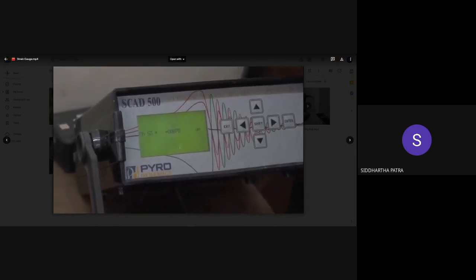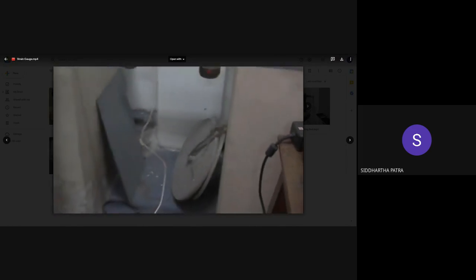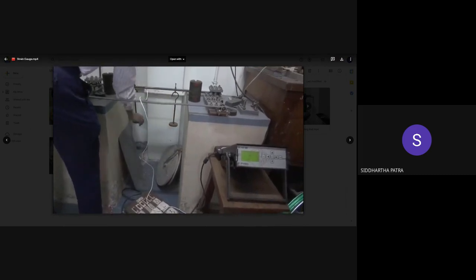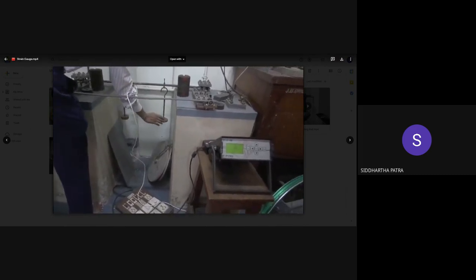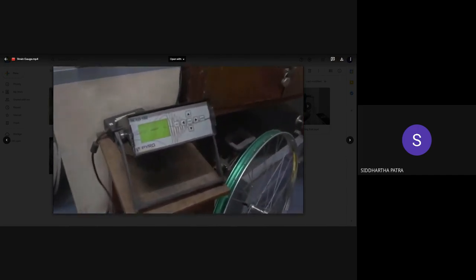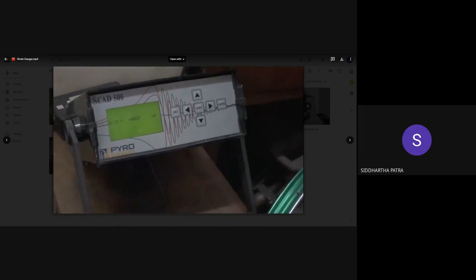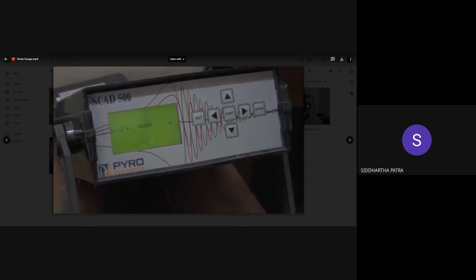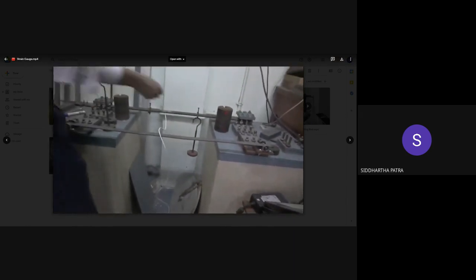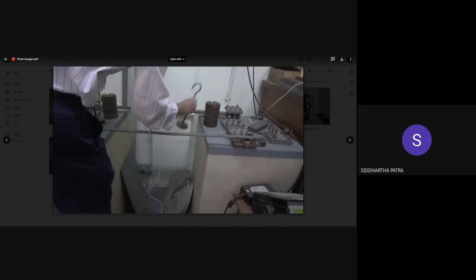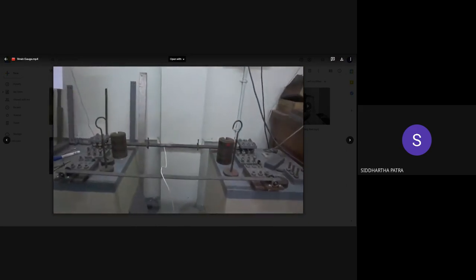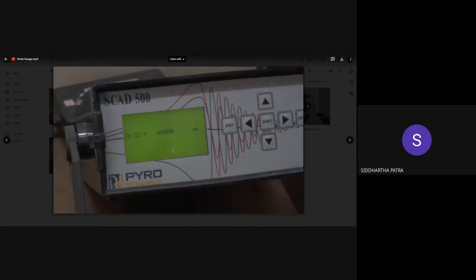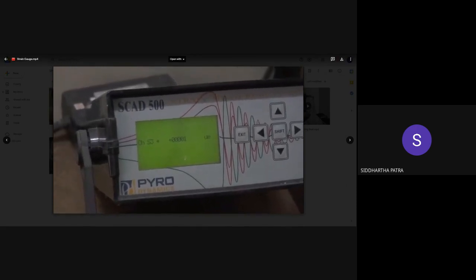The reading is 75. Now the system is completely unloaded. So this is all about the experimental procedure.